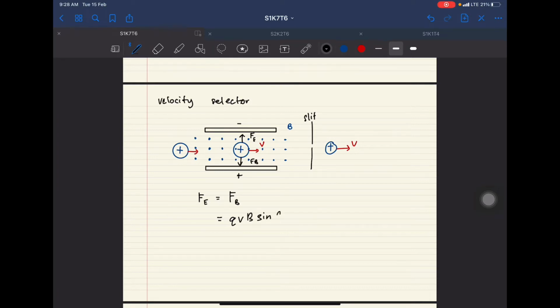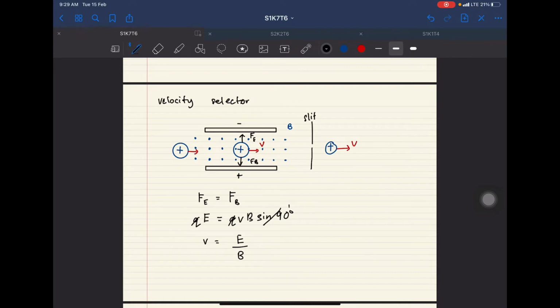Theta here is 90 degrees because velocity is to the right and magnetic field is upward, so they are perpendicular to each other. And from chapter 1, F is equal to qE. Now I can cancel out the charge, and sine 90 is equal to 1. Therefore my velocity v is equal to E over B.